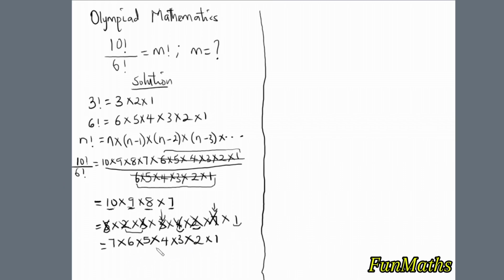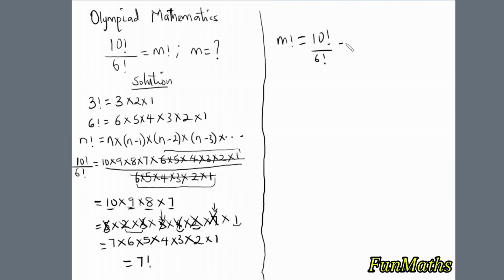We said that when you're looking for a factorial, you keep multiplying the number down till you get to 1. In this case, we have 7 times 6 times 5 times 4 times 3 times 2 times 1. This is 7 factorial. Remember, the question says that m factorial is equal to 10 factorial divided by 6 factorial.